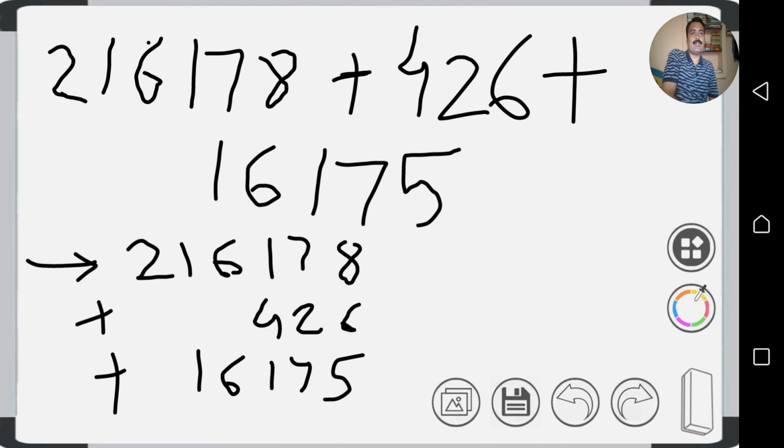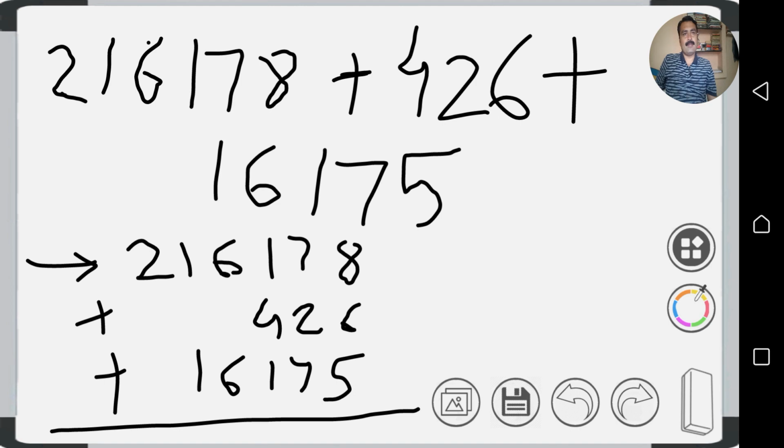If you observe the vertical arrangement in this example, we write the digits 8, 6 and 5 at the ones place below each other, then the digits at the tens place, that are 7, 2 and 7, one below each other.